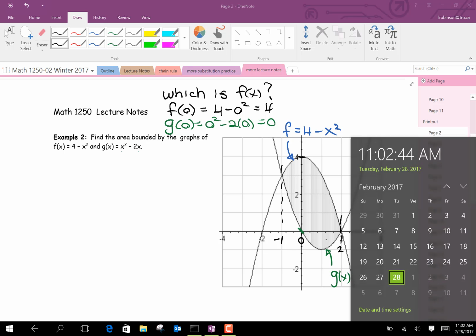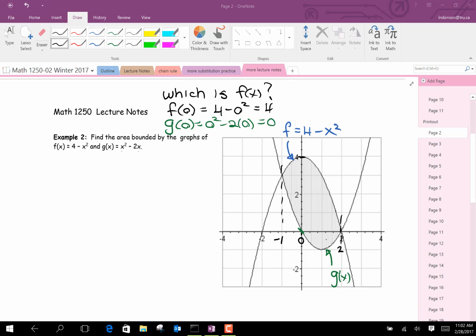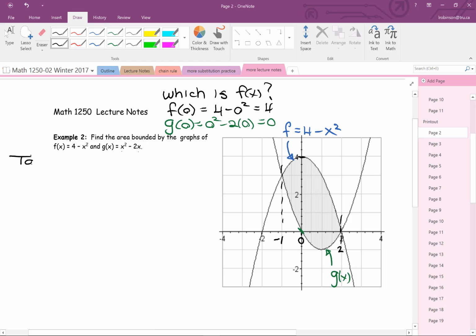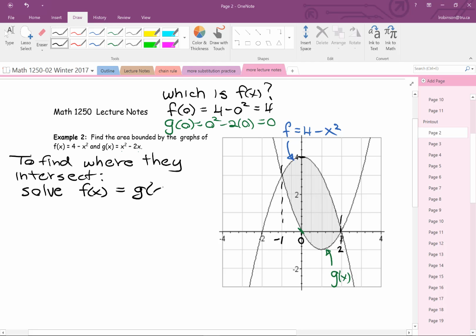But if you weren't sure where they intersect, I'll just show you this one time. To find where they intersect, solve f of x equals g of x.